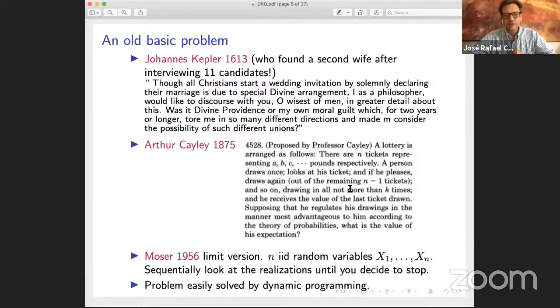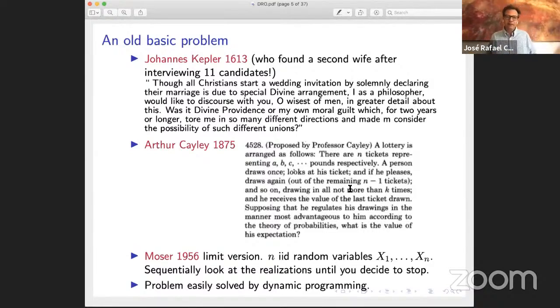He interviewed, within a period of 2 years, 11 candidates, and he was not really making online decisions because he interviewed all 11 candidates, and then proposed to the 5th candidate. People who are knowledgeable about the secretary problem will realize that this number 5 is pretty good, actually. He could have saved more than a year of interviewing if he knew what we know now.